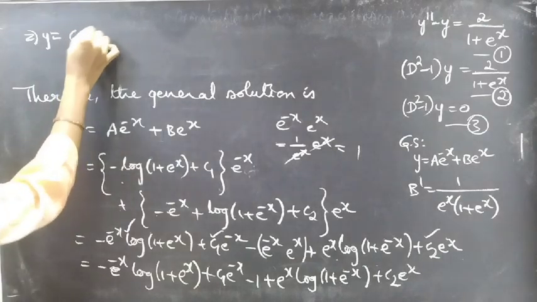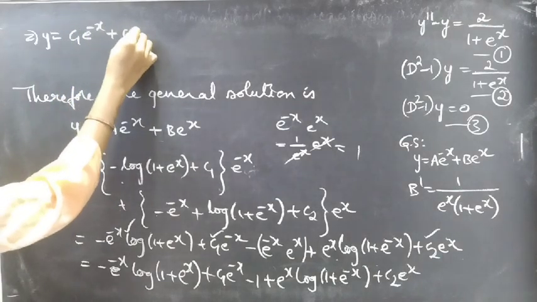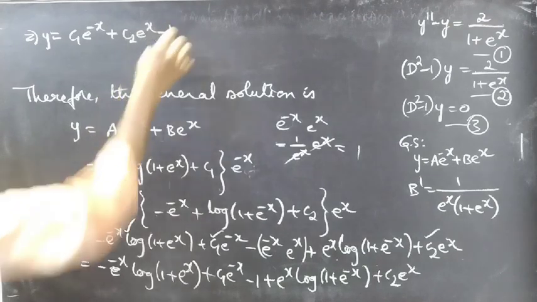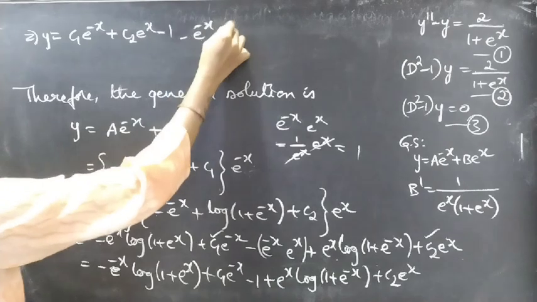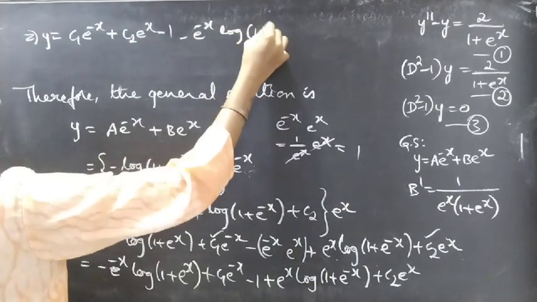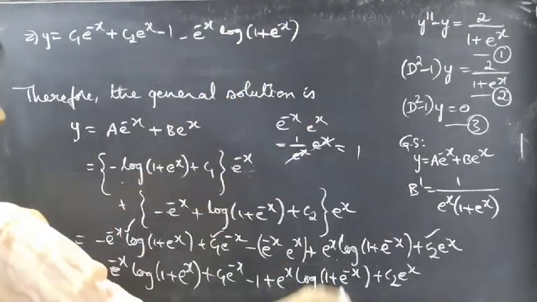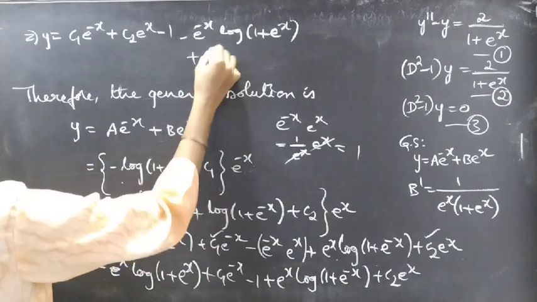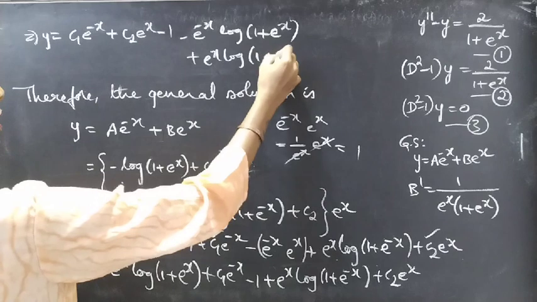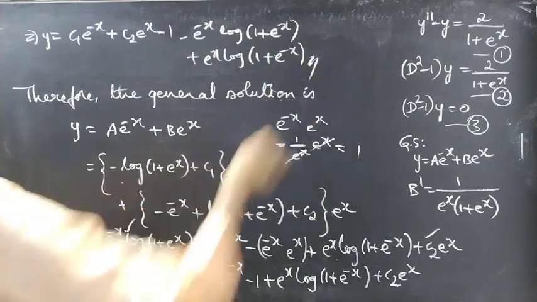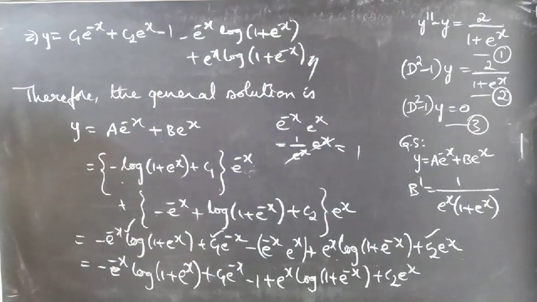Firstly we'll get c1 e power minus x plus c2 e power x minus 1 minus e power minus x into log of 1 plus e power x plus e power x log of 1 plus e power minus x. This completes the problem.